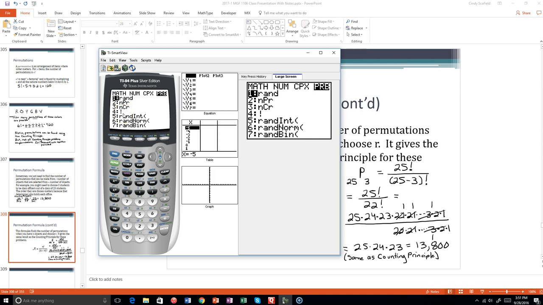And yeah, here's that trusty factorial. But instead, look at number 2. nPr. That's what I need. Permutations formula. 25, choose 3. And then enter. There's my 13,800 I needed. Isn't that amazing? So you can use your calculator's formula to make things a lot faster. Very handy.